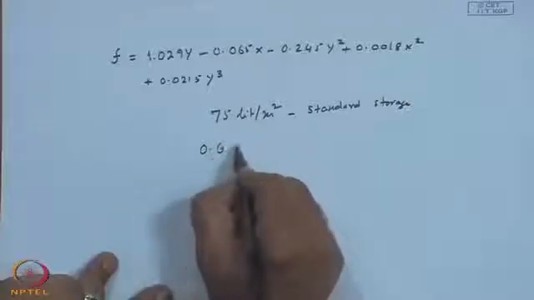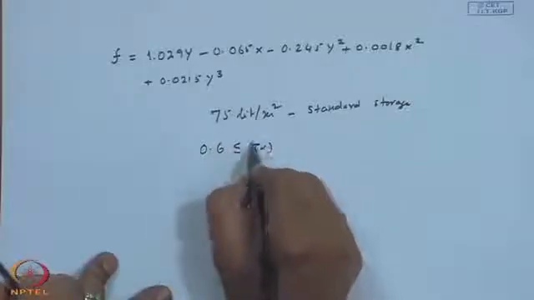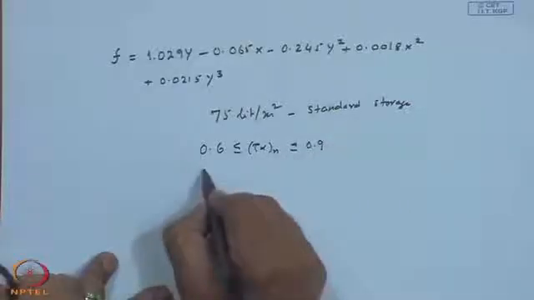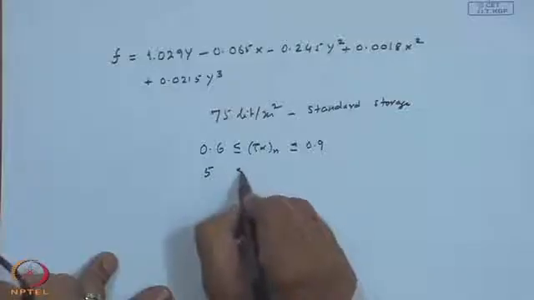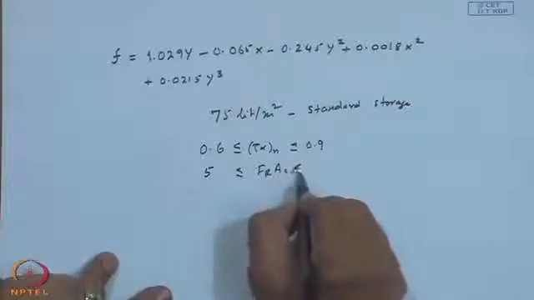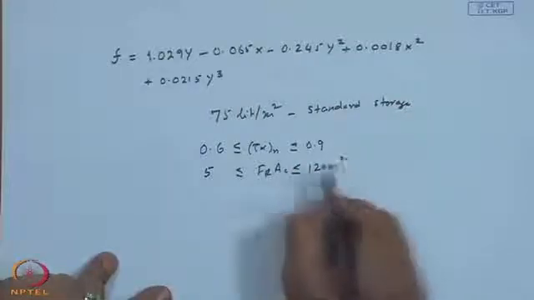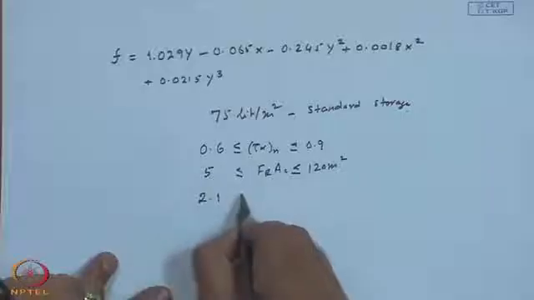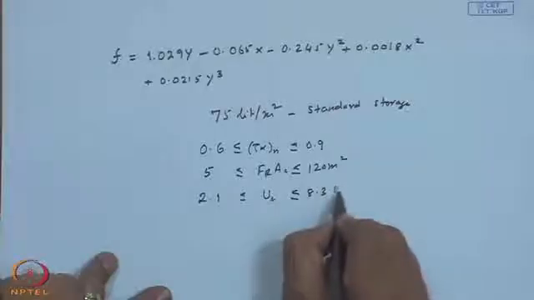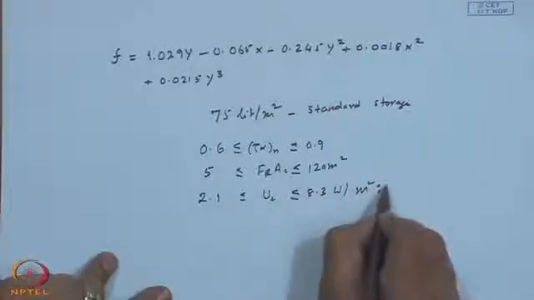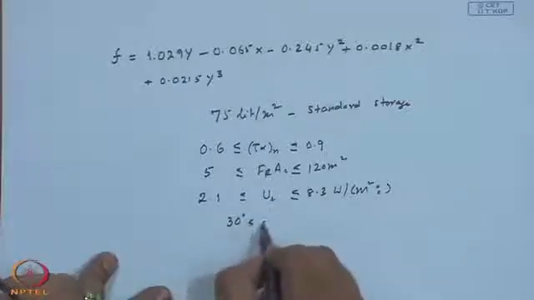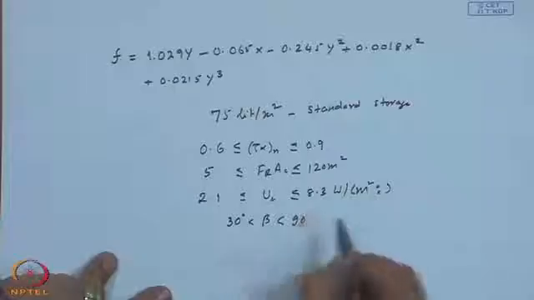However, I shall repeat: 0.6 less than or equal to the normal transmittance absorptance product less than 0.9, and the collector area heat removal factor product is within the limits of 5 to 120 meter square, and the overall loss coefficient is between 2.1 to 8.3 watts per meter square degree C, and beta is between 30 degrees and 90 degrees.